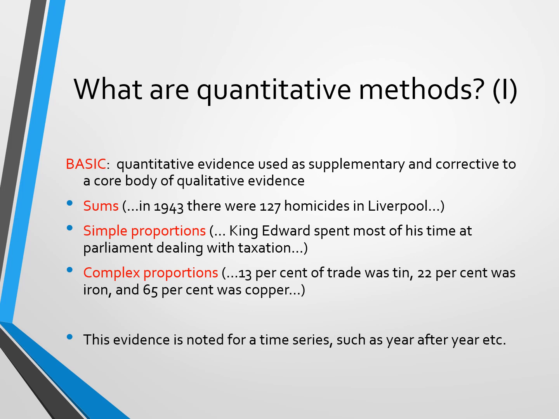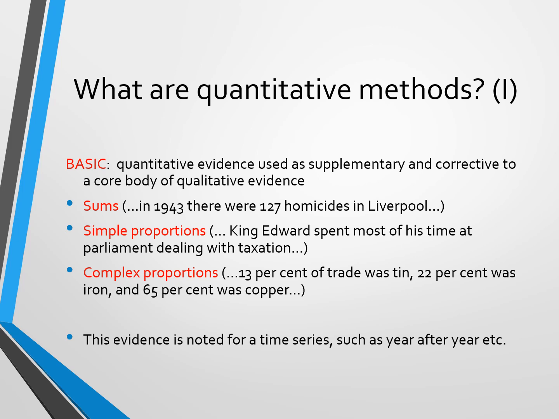Simple proportions. King Edward spent most of his time dealing with taxation, so simple proportions are most or the smaller part, or complex proportions deal with percents, so these are more specific. 13% of trade was tin, 22% was iron, 65% was copper.